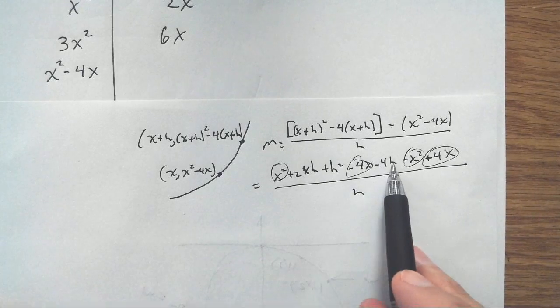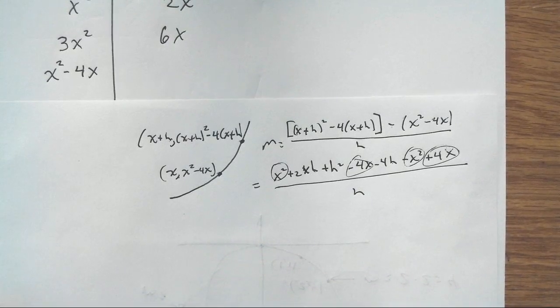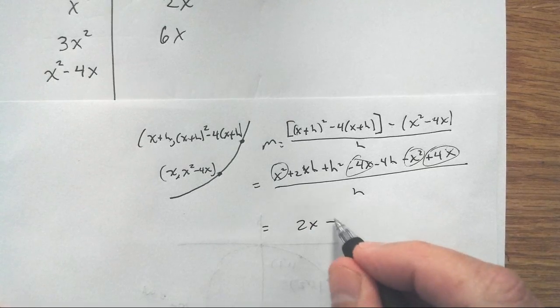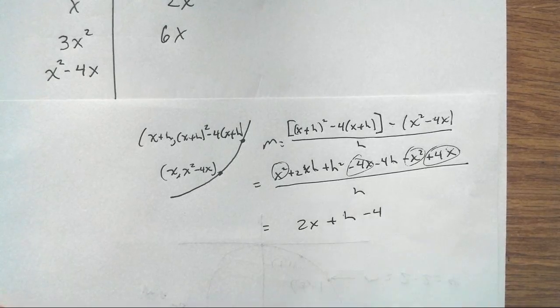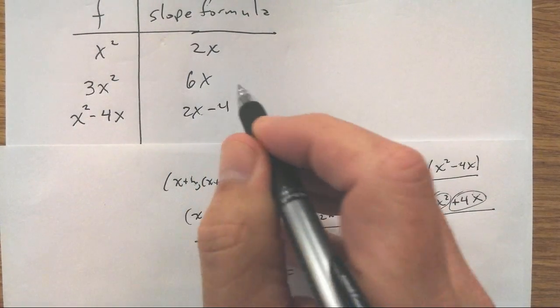Every single term that's left has an h in it. I can cancel h. And I get 2x plus h minus 4, and now h can be 0. And if h is 0, I get 2x minus 4.